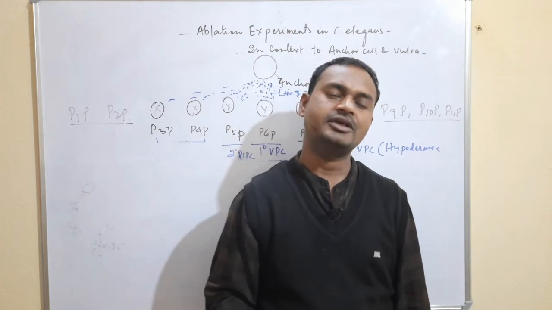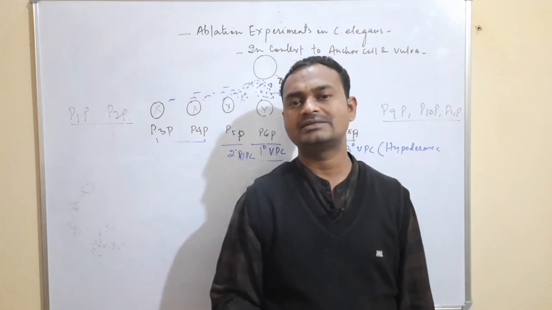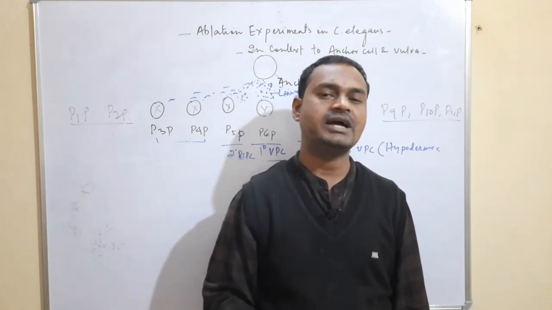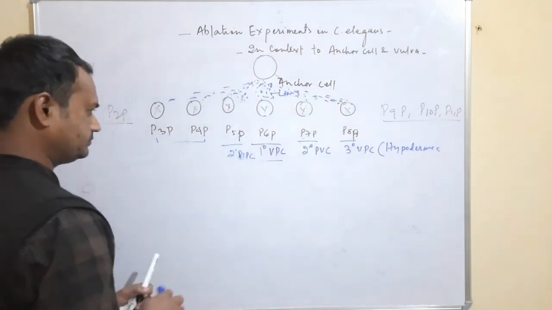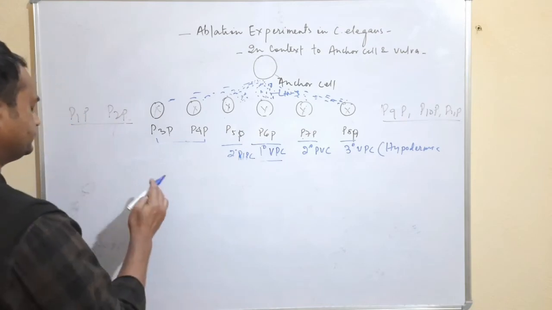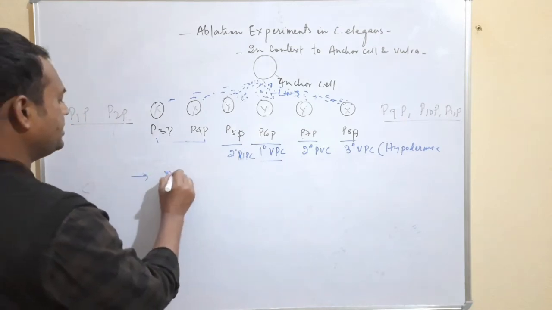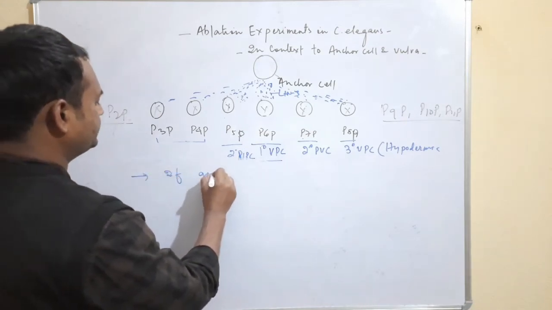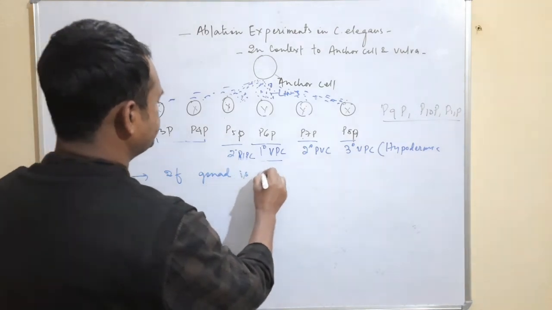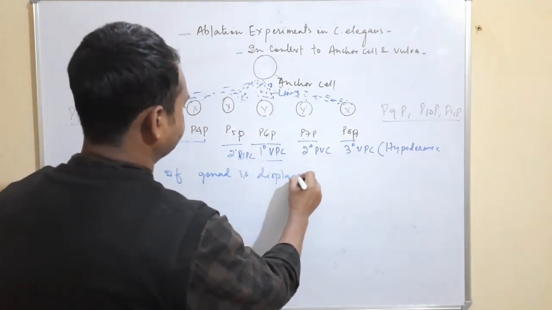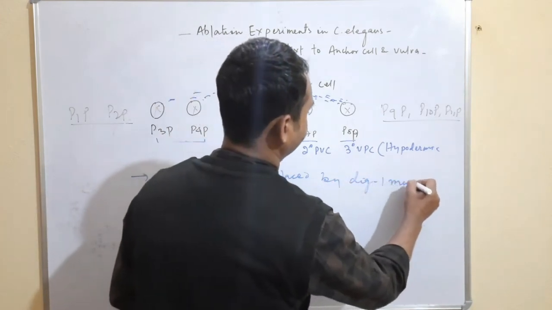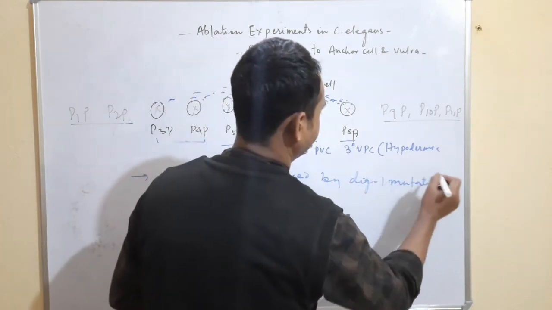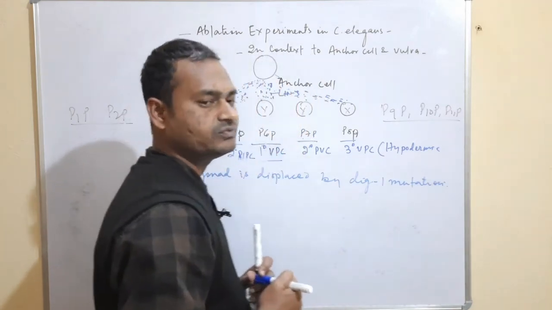What will happen if the gonad is displaced with the help of a DIG1 mutation? In that case, what will happen?